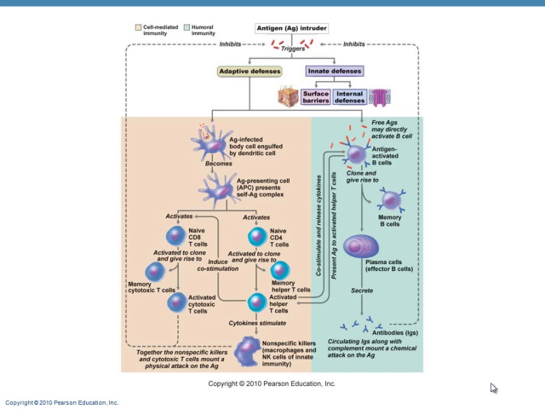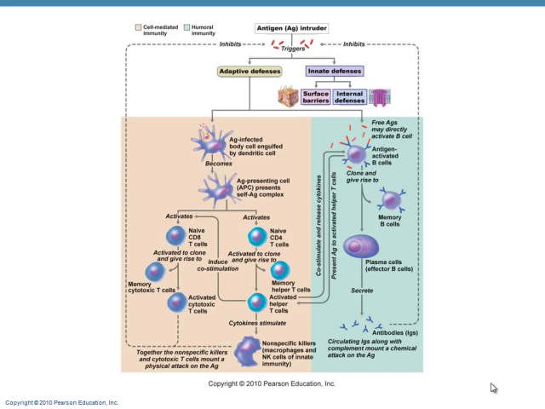CD4 positive helper T cells are going to help initiate or stimulate others in this immune response to proliferate and attack. So we see CD4 helper T cells, and we see this little arrow: co-stimulation and release of cytokines that are going to stimulate who?